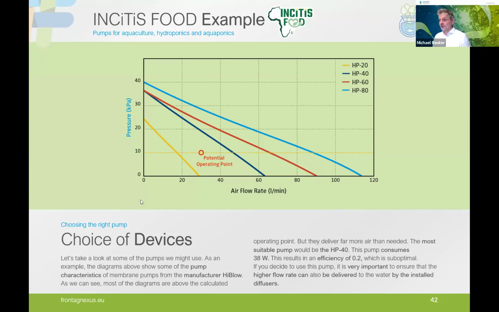For diffusers, usually there's also an air volume per minute given that a diffuser can deliver. So the sum of all our diffusers should have a flow rate or a delivery rate that corresponds to the flow rate of our pump at the given pressure that we calculated.